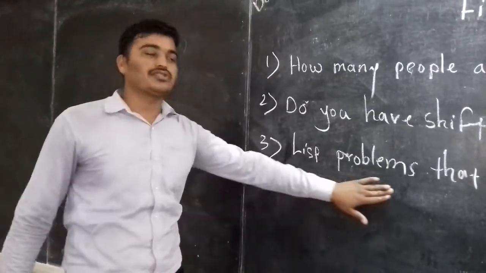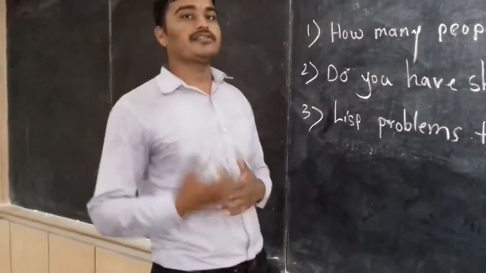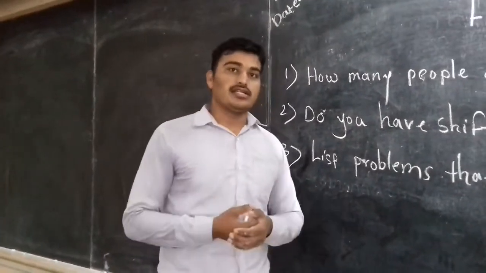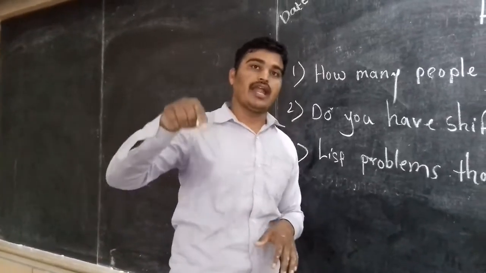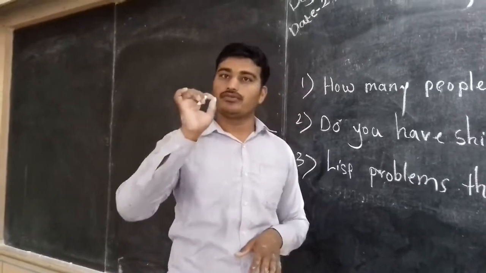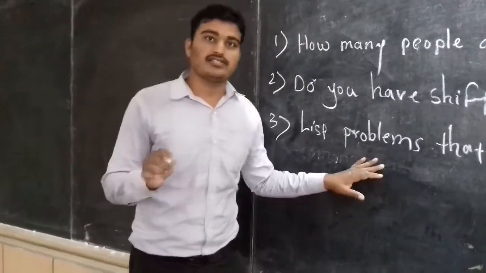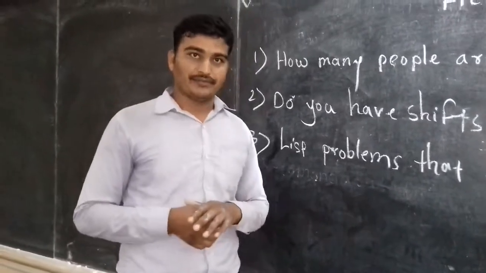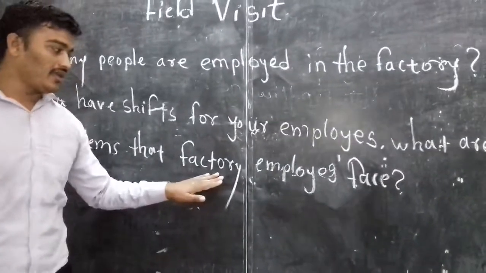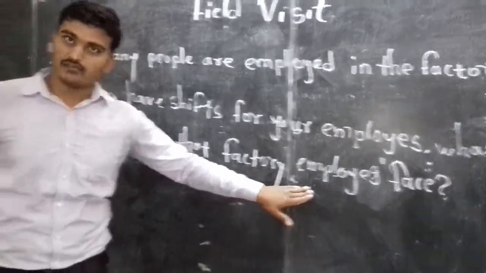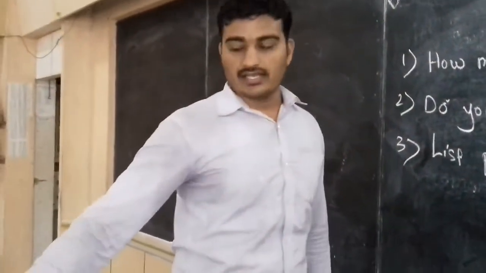You don't have to ask directly; you have to ask for the problems faced by the factory workers or employees. And if you get any problem, then in your report writing at the end you have to note down the recommendations, necessary things or improvements for the factory. This is the important question that each time you must remember: you must ask for the problems of the workers. I will give you the next example of a question.